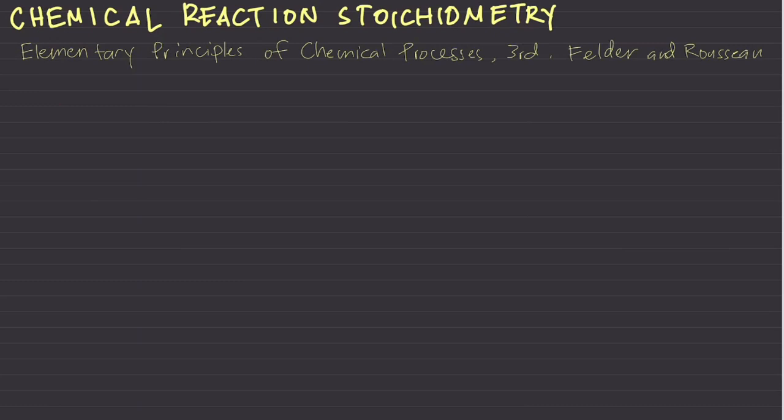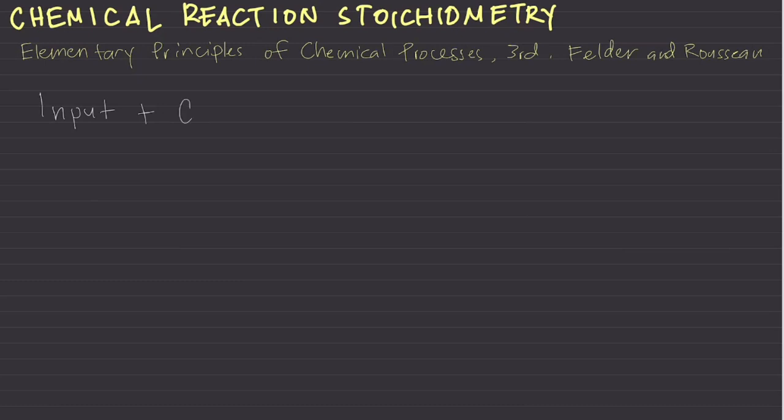Yung mass balance din sa chemical reaction stoichiometry, hindi lang ito input is equals output at steady state, meron din generation tsaka consumption. To restate that, at steady state, yung mga chemical reactions, we can balance them by adding two more terms sa usual na mass balance at steady state.